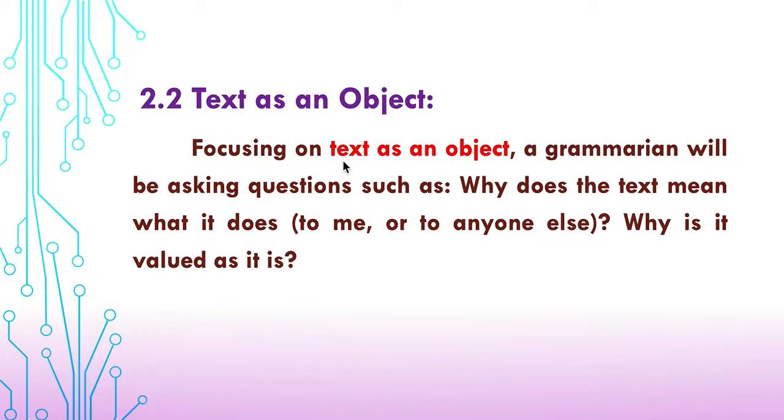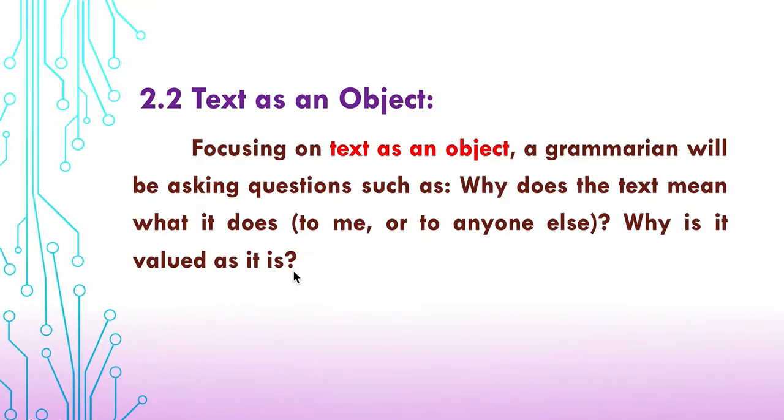So we will look at the text as an object: does it mean to me in the same way it means to others? Number 1 point. Number 2 point, why is it valued as it is? Means why is it understood in the same manner as it is understood by others? So we have to analyze 2 aspects when we talk about text as an object.